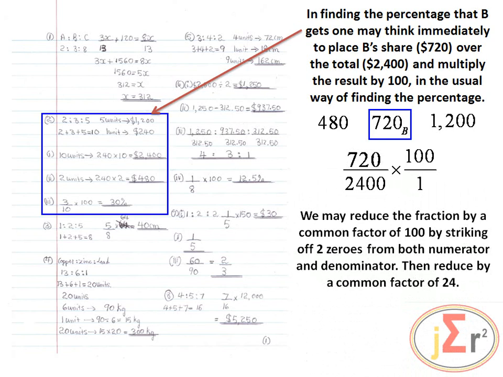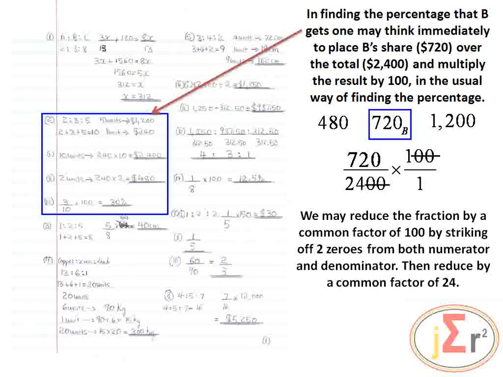And here, we may reduce the fraction by a common factor of 100. And we will do that by striking off 2 zeros in the numerator and also striking off 2 zeros in the denominator. Then we may go ahead and reduce by a common factor of 24. Well, you may go by 2, then by 3, then by 2.